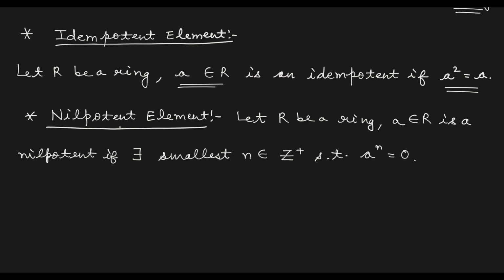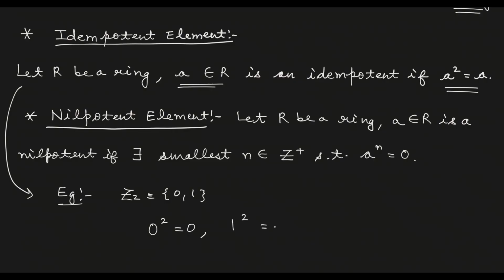For example, take this element, Z2 equal to 0, 1. In this ring you can clearly observe that 0 squared is 0, and 1 squared is 1 only, with respect to multiplication.